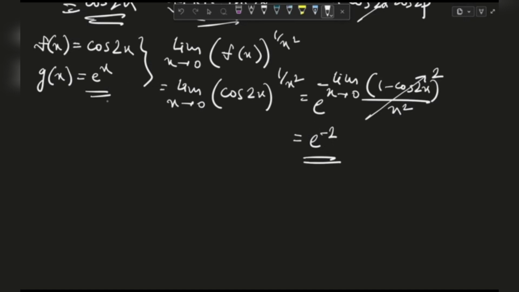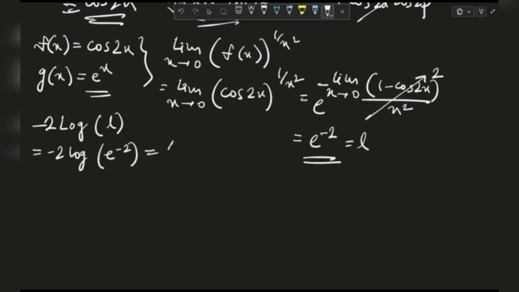Now log of this thing was L, so minus 2 log L. So this is minus 2 log of e power minus 2, which comes out to be 4. This was our option number 1 or A.